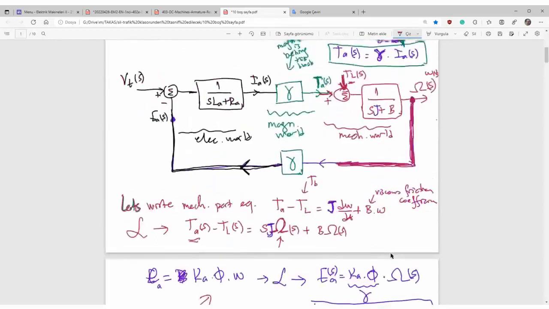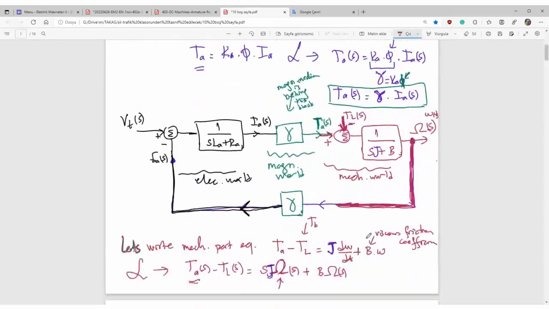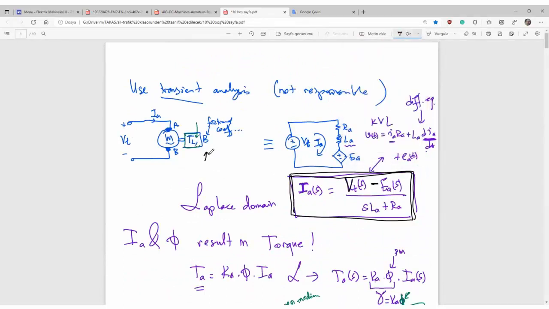They are always together. Let me make some simulations. If there's a very heavy friction or heavy torque, there's a speed drop due to overloading. If there's a speed drop, angular speed will drop. So this term will drop. And as a result, current will increase. Houston.